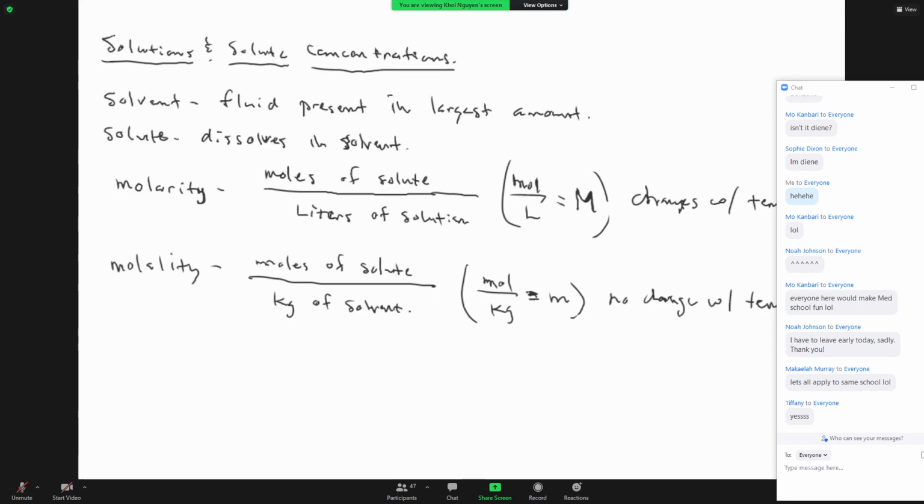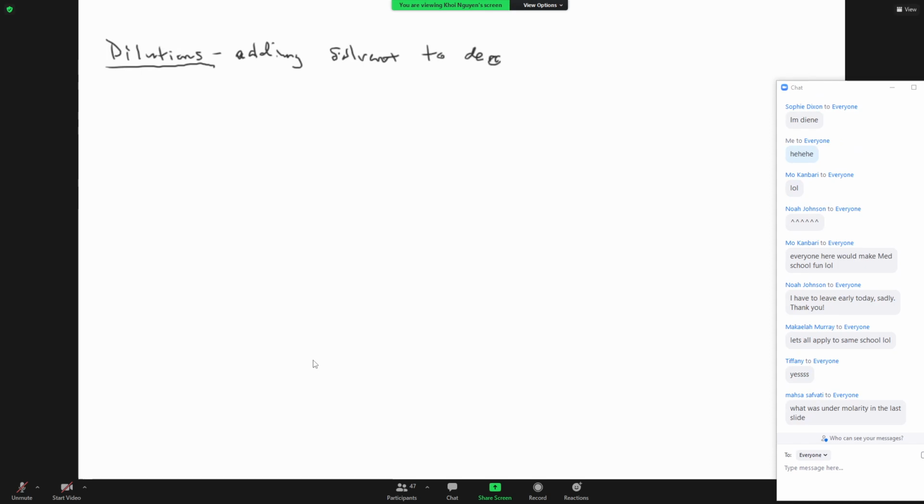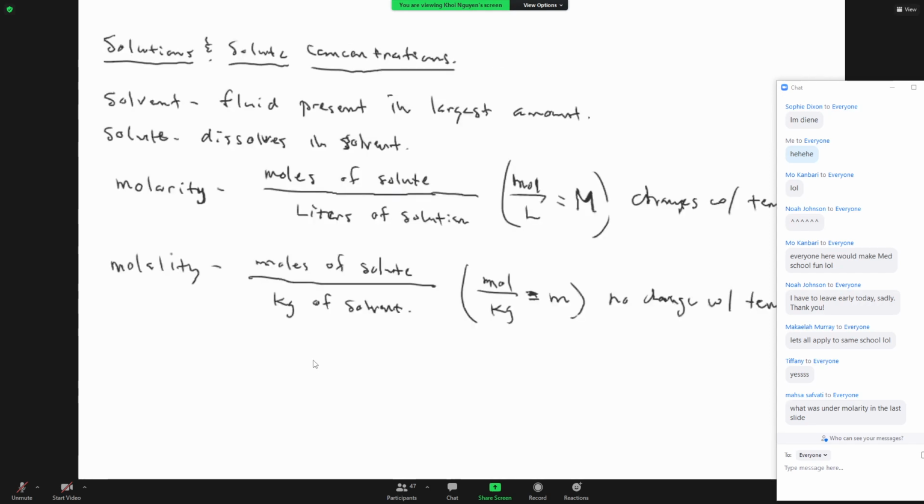With solutes and solutions, we need to know how to do dilutions. And what are dilutions first? Dilutions are simply adding solvent to decrease, sorry, there's nothing under molarity.